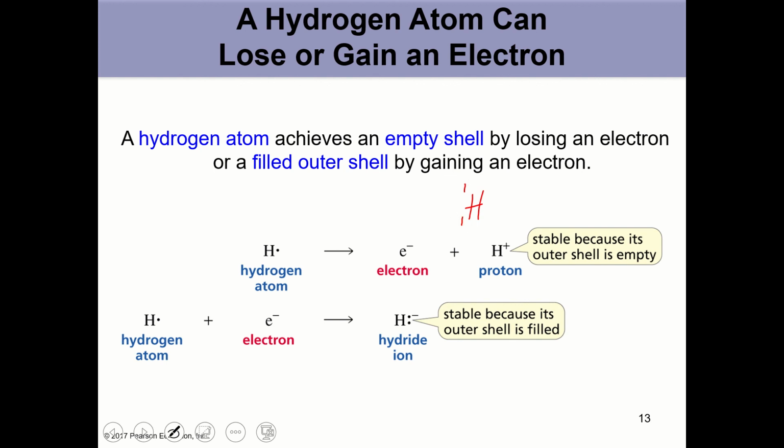When atomic number is equal to mass number, there are 0 neutrons. And when we lose our electron, then the only thing left is our 1 proton. 0 electrons, 0 neutrons. All we have is a proton. Therefore, we can call a H plus ion a proton.